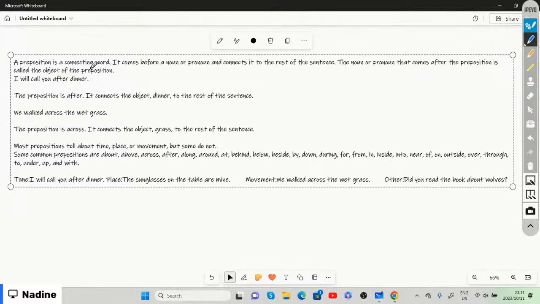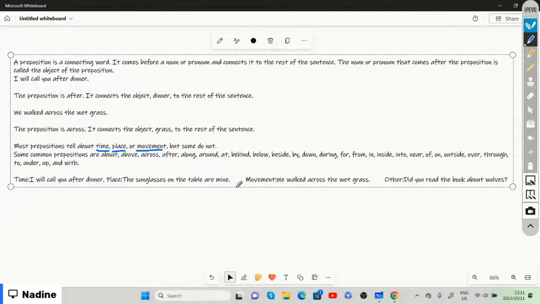Most prepositions tell us about place, time, or movement. But some of our prepositions do not tell us about time, place, or movement.